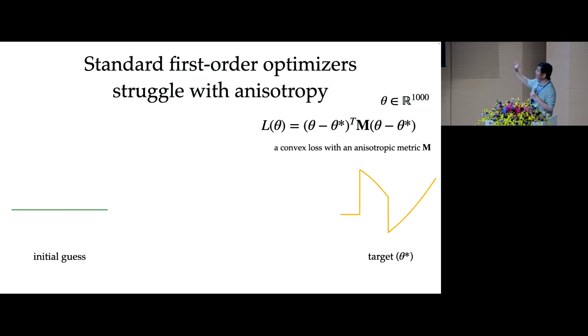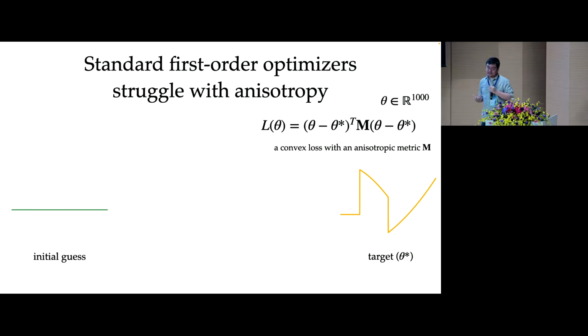I have a function in 1D that I discretize into 1,000 parameters, so I have a theta in R^1000. On the left, the initial guess is that theta is 0 everywhere. Then I want to match it to a target, which is this weird signal, again a 1,000-element 1D signal.